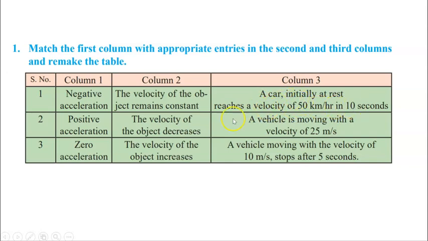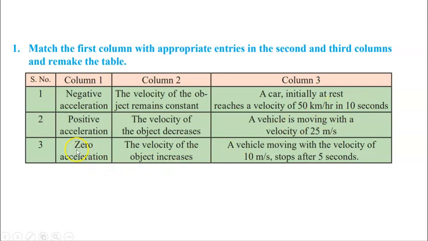This is the correct. Therefore, the correct pairs are, from the first column, positive acceleration. Next, the velocity of the object increases. Okay. Next, third one, a car initially at rest reaches a velocity of 50 km per hour in 10 seconds.